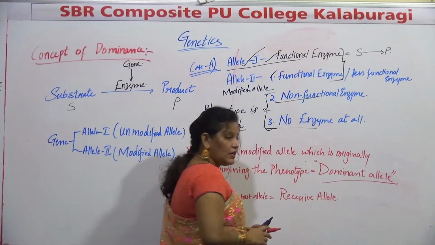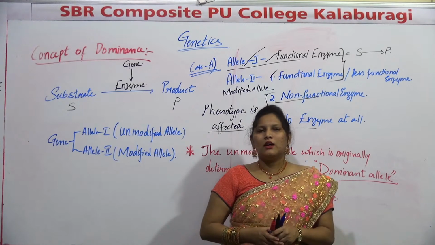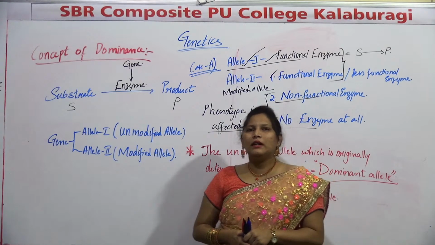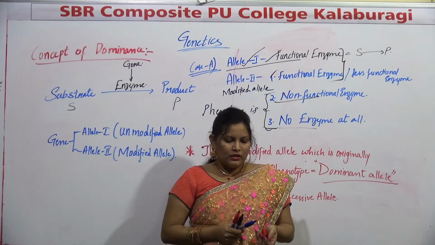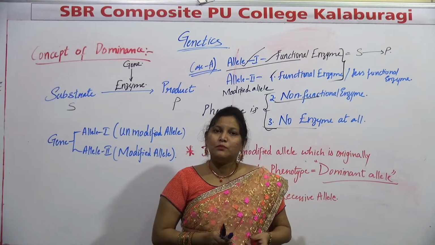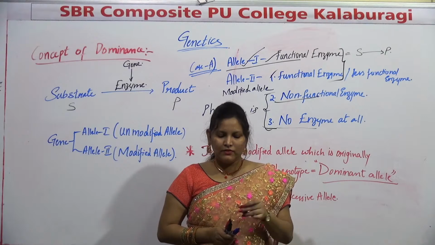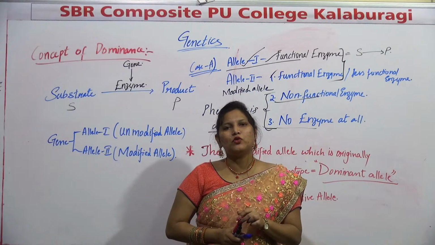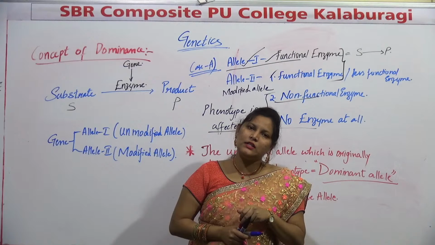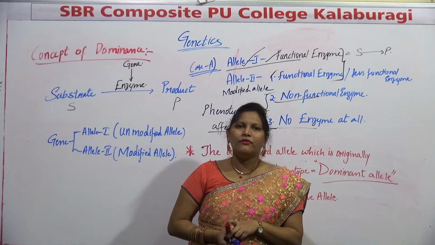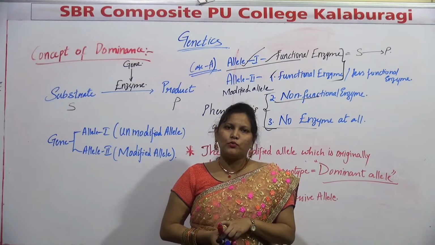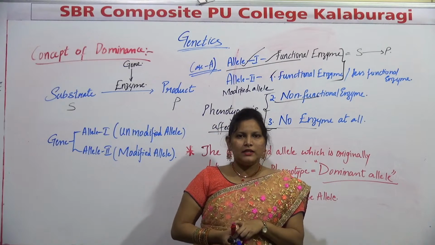Okay, so see here, the concept of dominance. What is the dominant allele? Every gene has its own function, that is, production of its gene product. How can we say that it has produced its gene product? By looking at its phenotype. So here we have taken an example of conversion of a substrate into product, which is done by the enzyme.